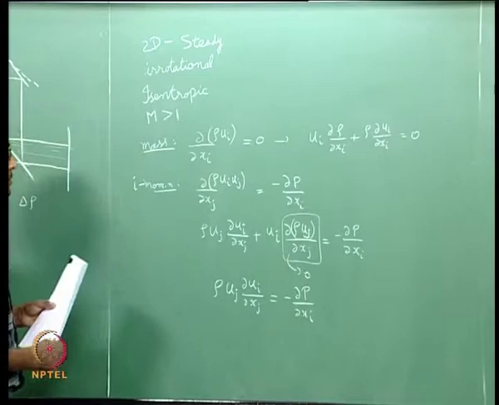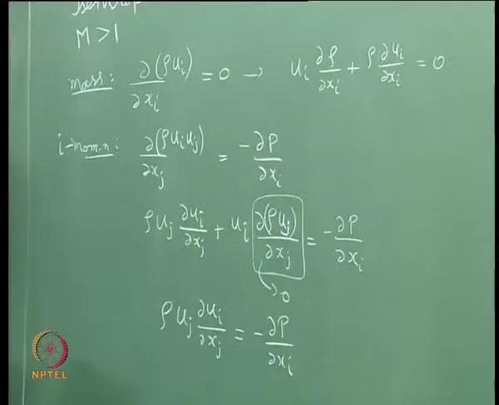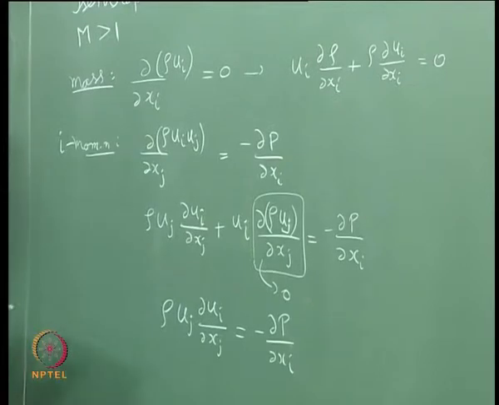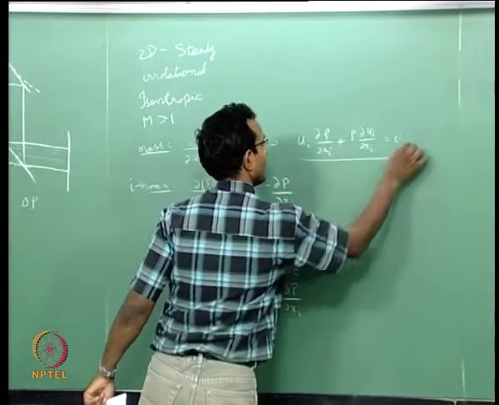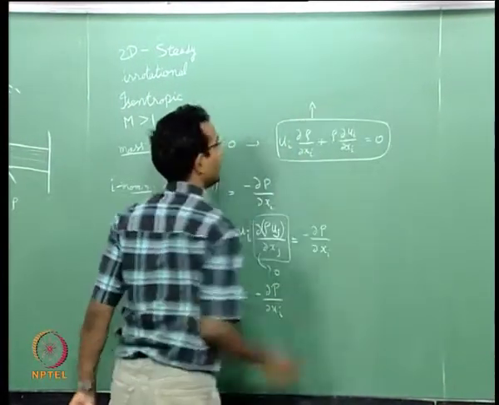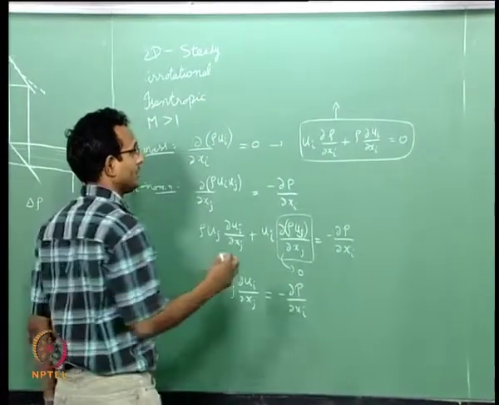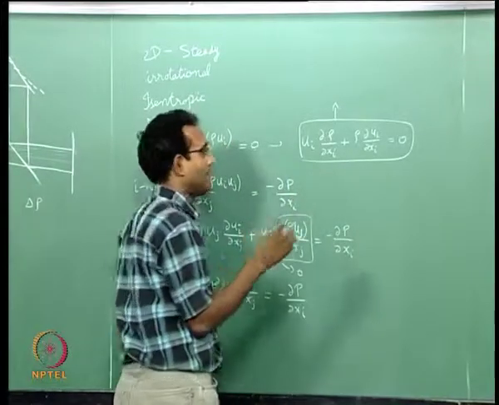This is your momentum equation. If I write it in 2D form, these expressions, the mass equation, will now become, in 2D, that is in terms of u and v coordinates. I will substitute for i equal to 1 and i equal to 2.